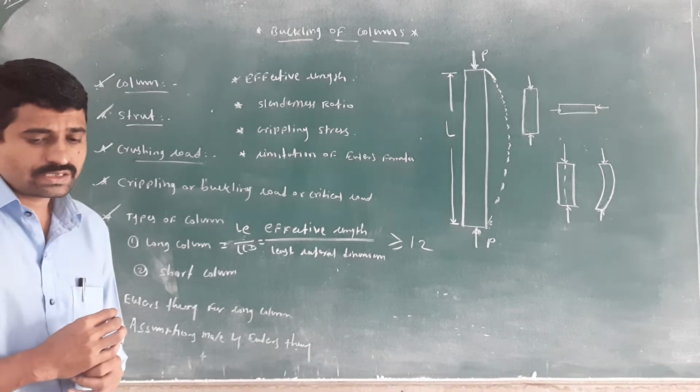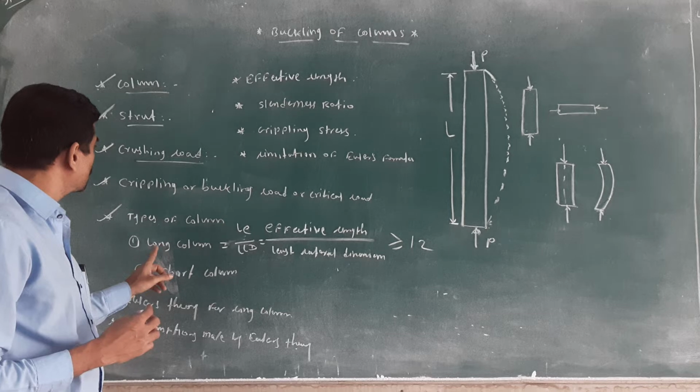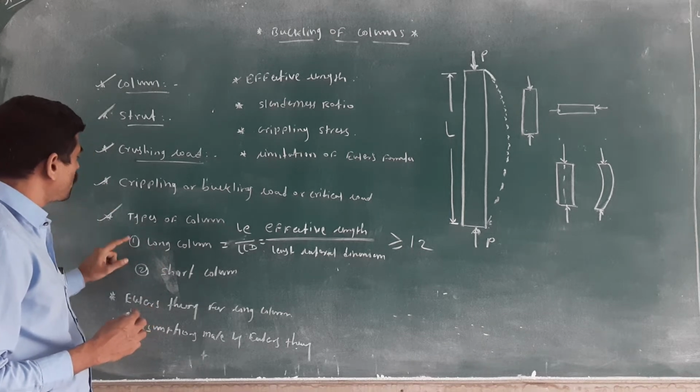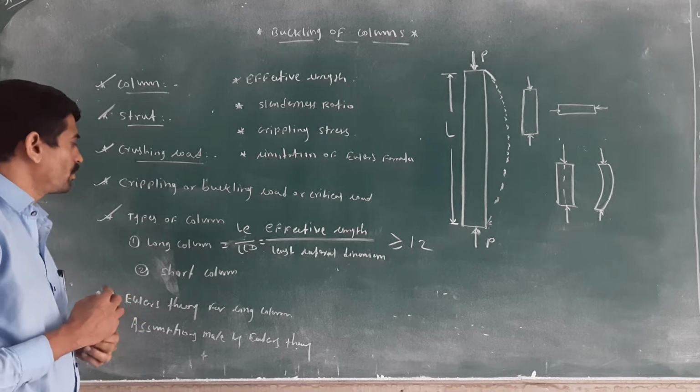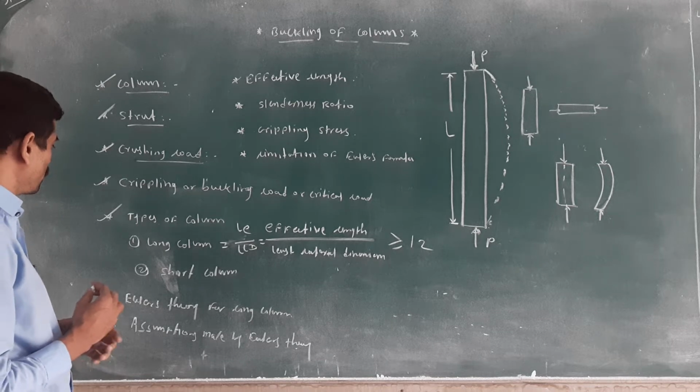This long column fails due to buckling only, not crippling load.